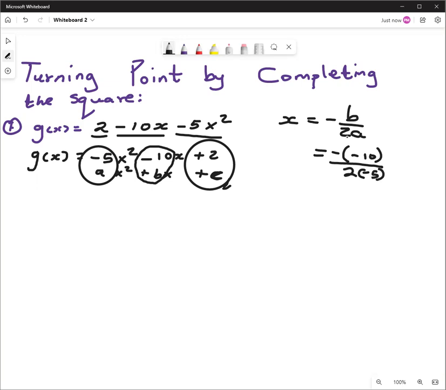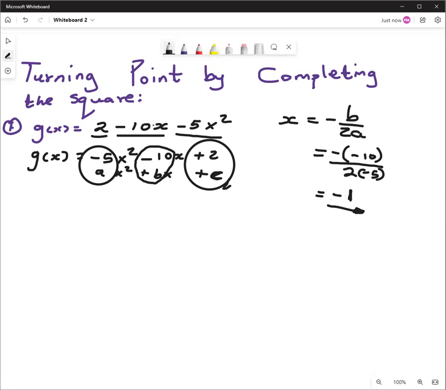At the top I have positive 10, at the bottom I have negative 10. So my answer will be negative 1, right? So I know that this is going to be the opposite of p.